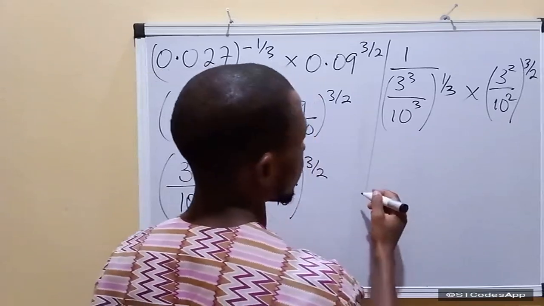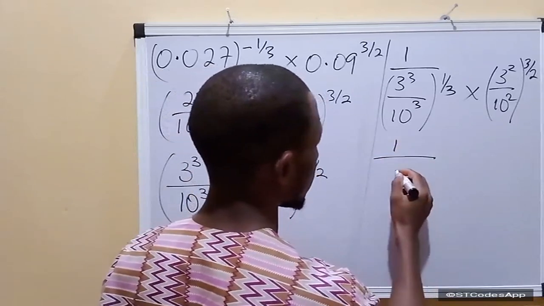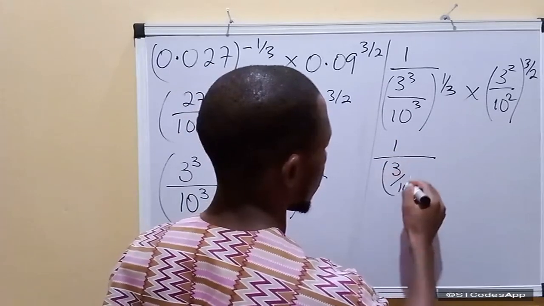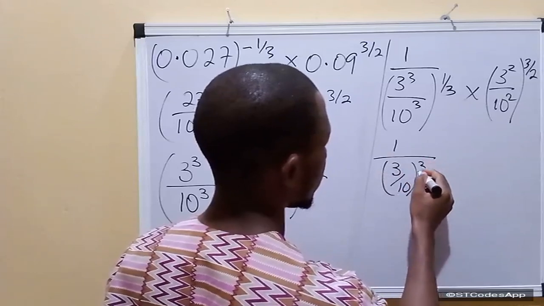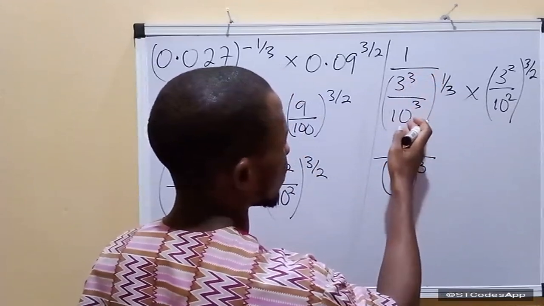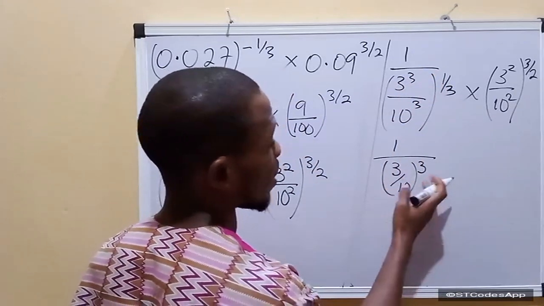Now at this point, this is the same thing as having 1 all over 3 over 10 all raised to the power 3. That is 3 raised to the power 3 all over 10 raised to the power 3 is the same thing as 3 over 10 all raised to the power 3.